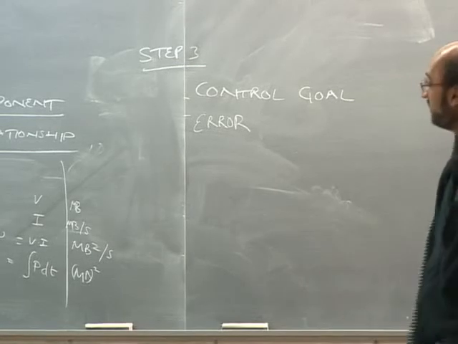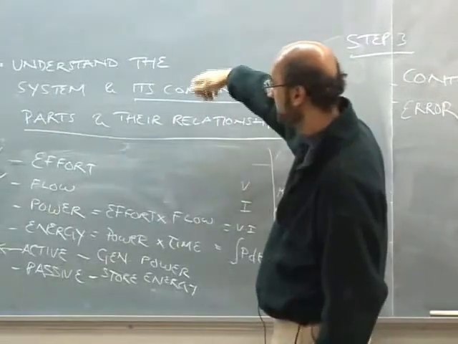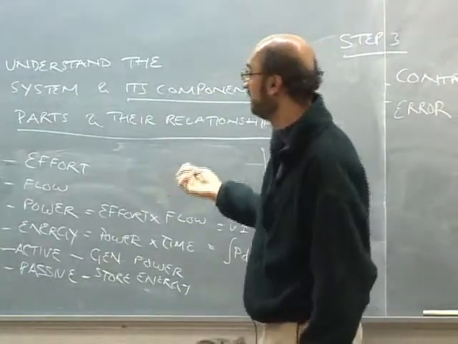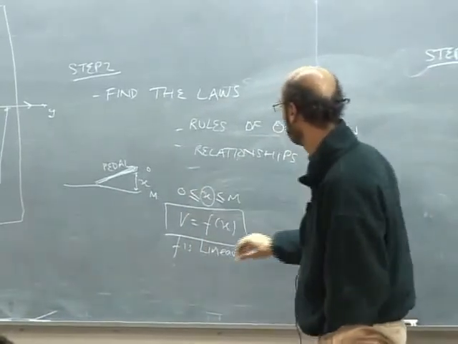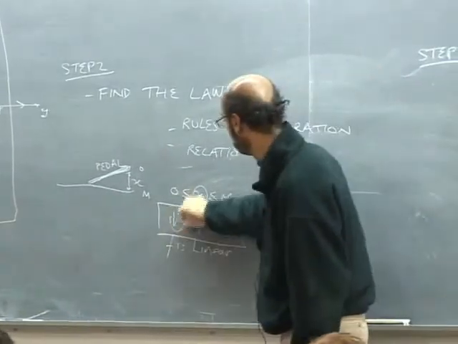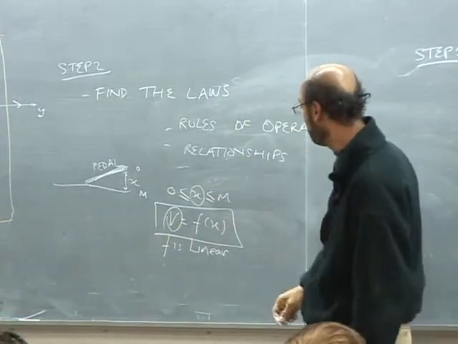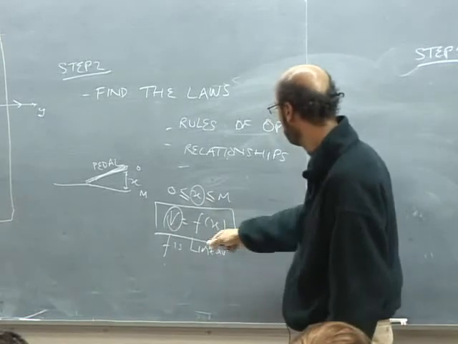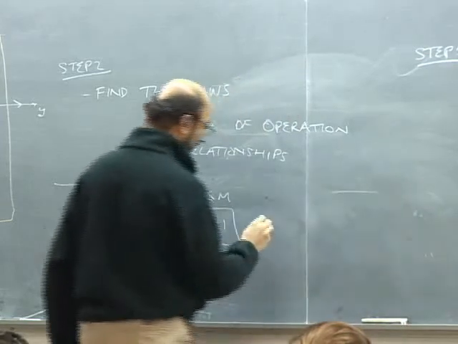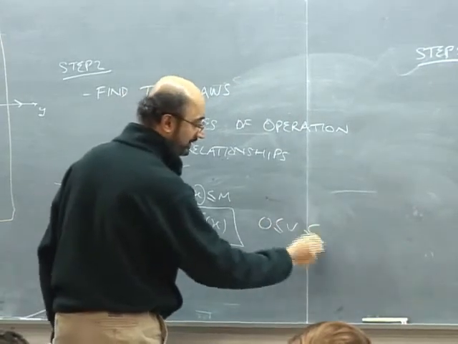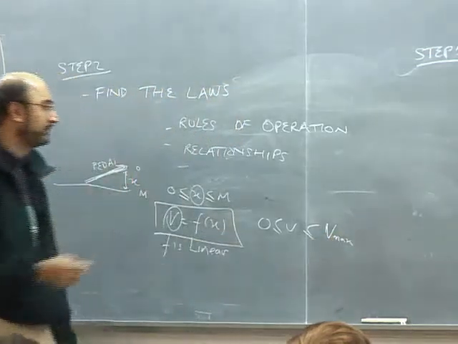So basically, in this step we're getting the variables of the system. In this step we're finding the relationship, right? So the variables are x in this case, and v. That's the effort, that's the flow. We got x and v, and then we got over here the rules which govern v, and presumably we have 0 is less than v less than or equal to some v max. So you can't go faster than some v max.